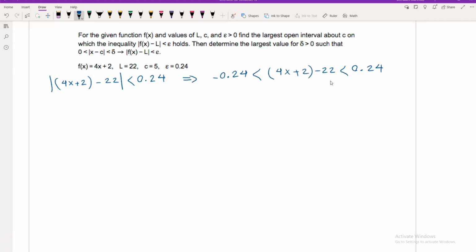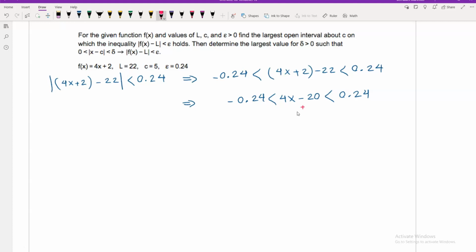Now solve for x. So this implies, here we have 2 minus 22, it's minus 20. So 4x minus 20 is between negative 0.24 and positive 0.24. Solving for x, here we have to add 20 to all of these.